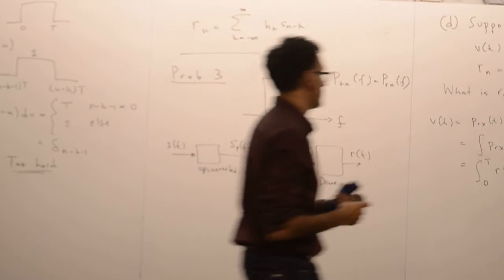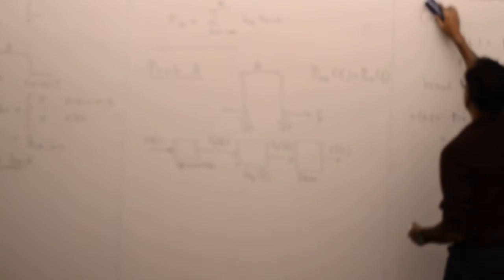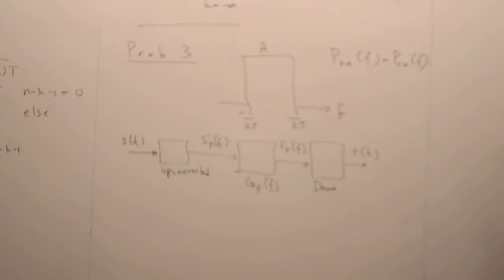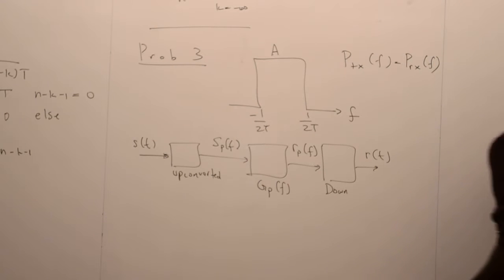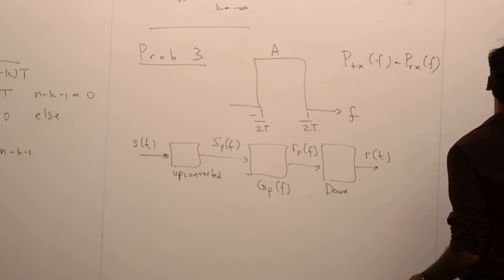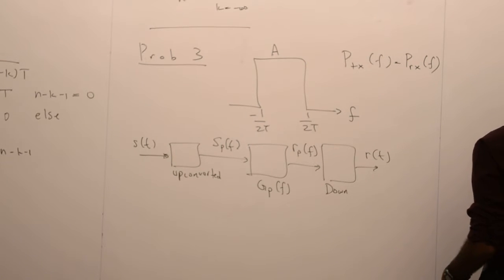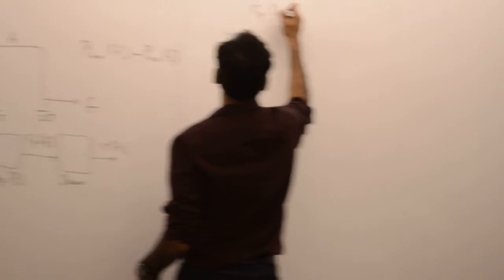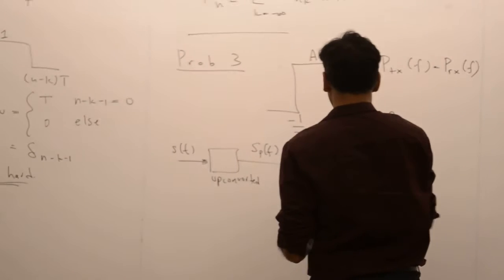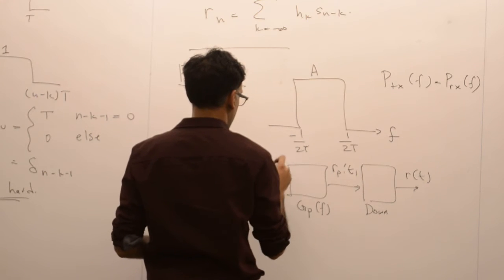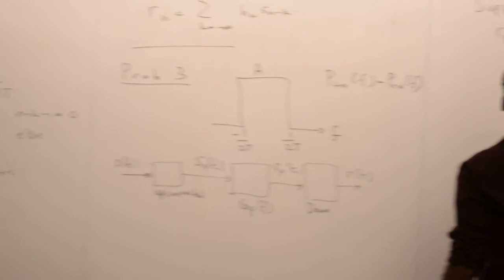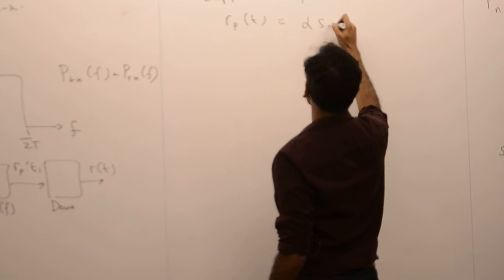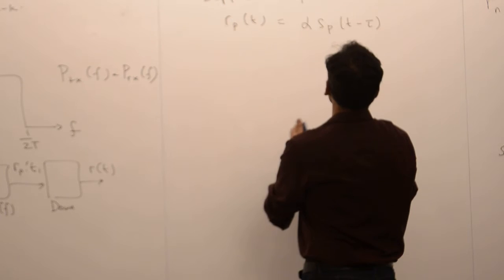So in practice, what happened is, okay, so let's just say I had, suppose that in passband, RPFT, I should say, sorry, is equal to alpha times, like this.